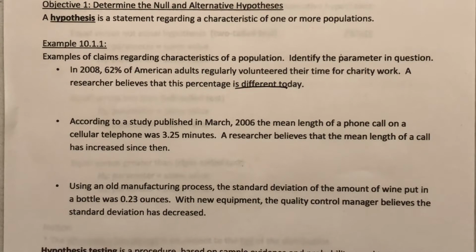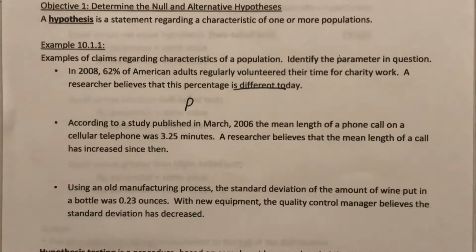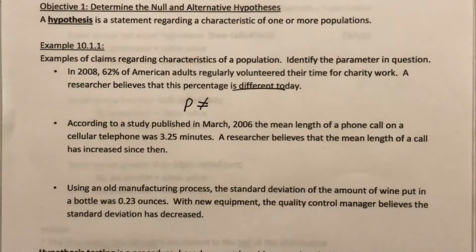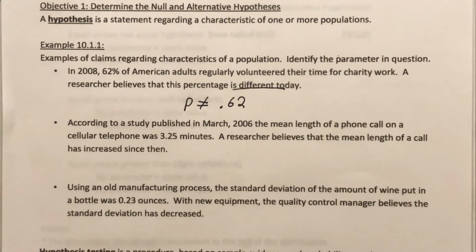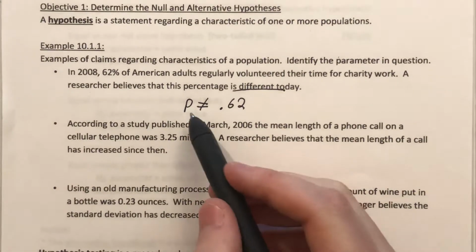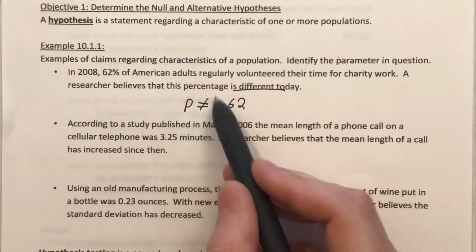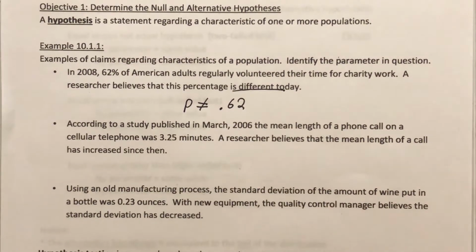And so our statement that this researcher is promoting is that the population parameter, which we use p for, does not equal, and then we would represent 62% as a decimal, 0.62. And so that's one type of statement. First of all, the parameter being the proportion, and it being not equal to a previously believed value. That would be one way to phrase that.